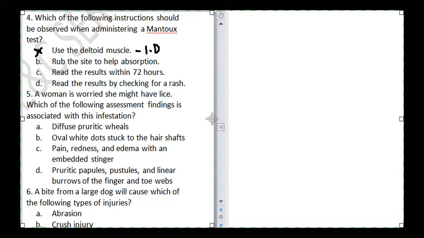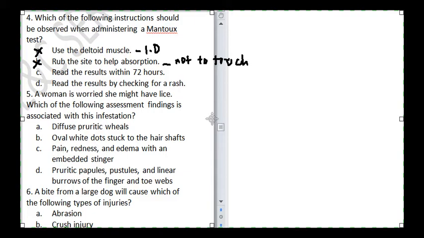So eliminate A. Next, we also need to eliminate B, because we instruct the patient not to touch the site of injection. So eliminate B. There are only two options left which we will choose from.